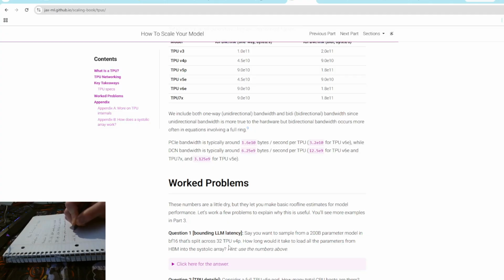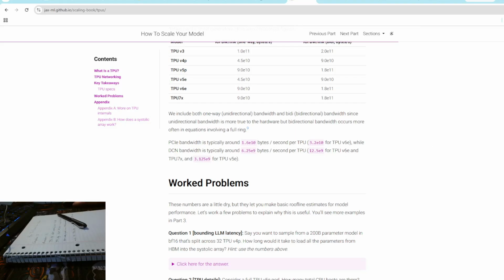With 32 TPU V4P, we have 32 squared gigabytes HBM capacity, which equals, let me see if I can write this better.